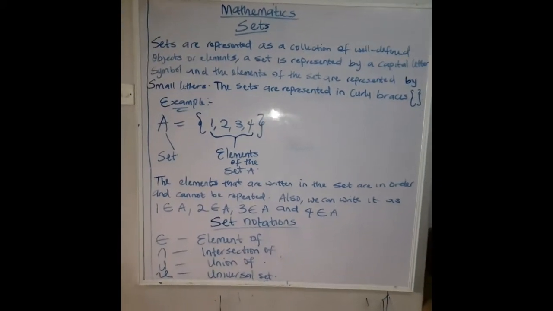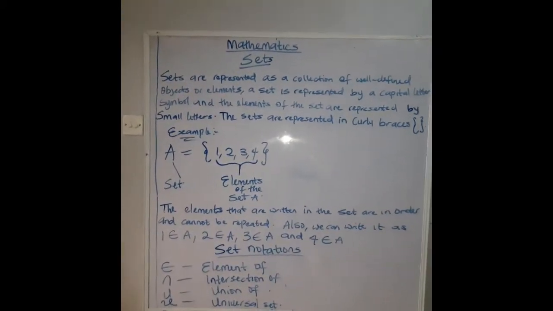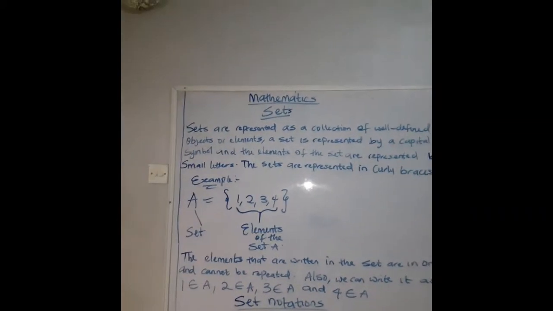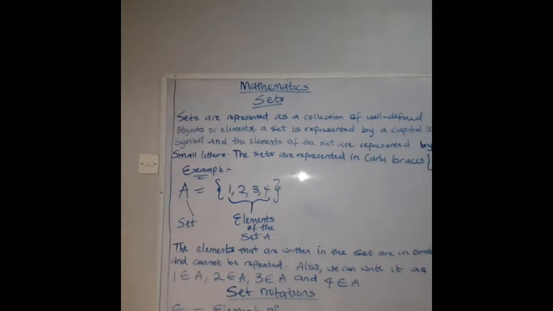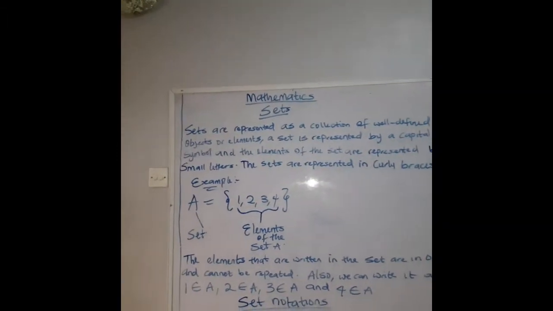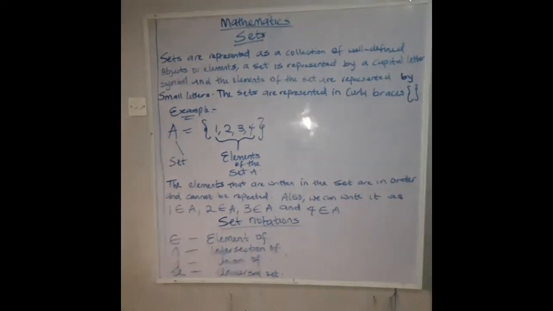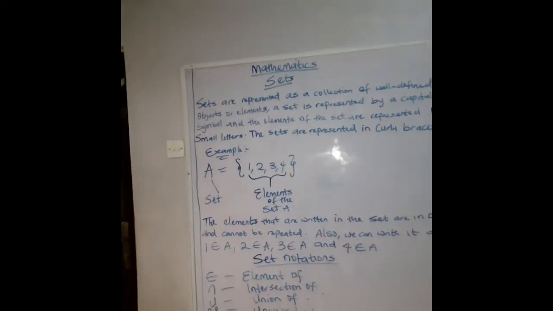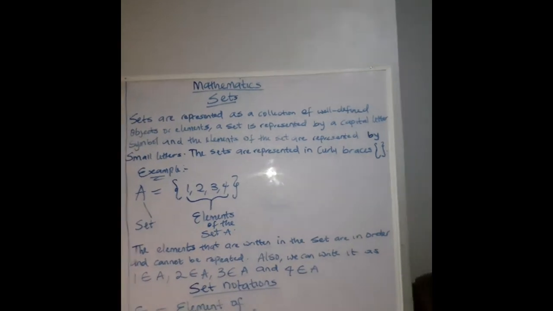So that's the definition of a set. It's a well-defined collection. Every other thing that can be found in it, it's a collection on its own. So I gave us the example of furniture, a classroom, and a school. There are also so many other things that we can classify as a set.